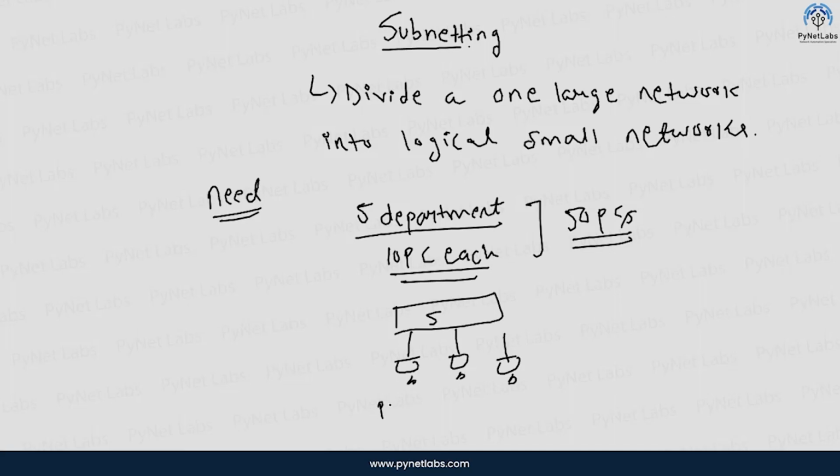Suppose PC1 is trying to communicate with a particular PC in the network, so it will generate a broadcast message at first. Because we are not following subnetting right now, all these packets will travel to all PCs and everyone is going to receive them unnecessarily. There will be no better management and no security. It will create broadcast traffic and congestion.